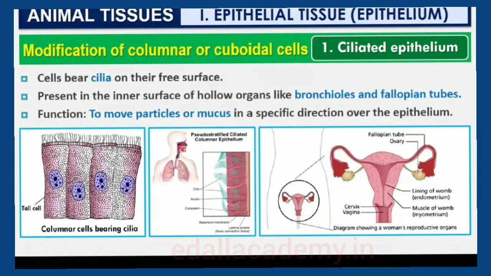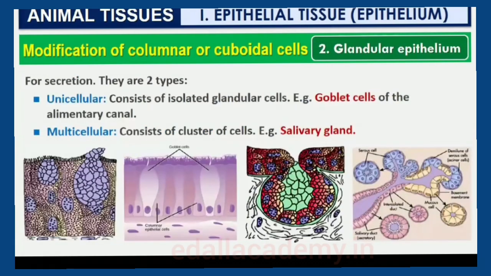Some of the columnar or cuboidal cells get specialized for secretion and are called glandular epithelium. They are mainly of 2 types: unicellular, consisting of isolated glandular cells, such as goblet cells of the alimentary canal, and multicellular, consisting of a cluster of cells, such as the salivary gland.